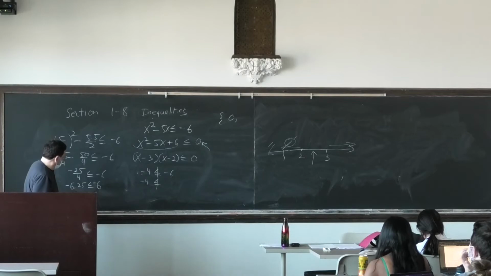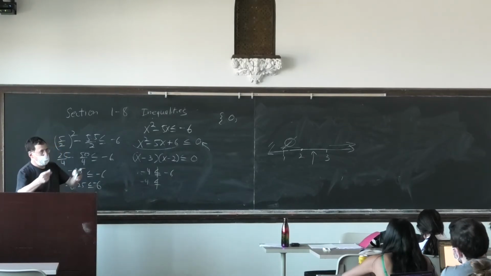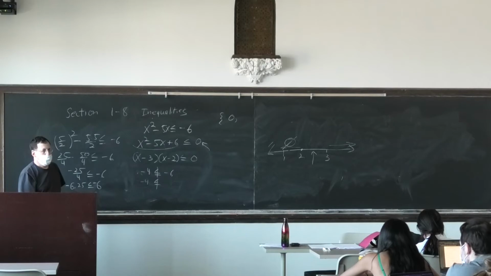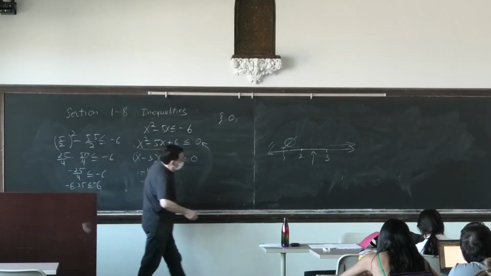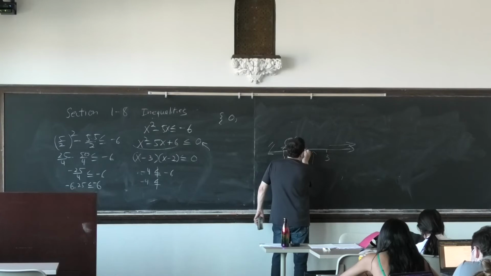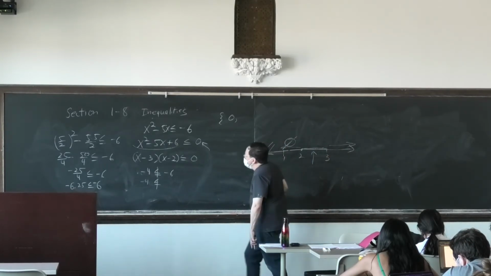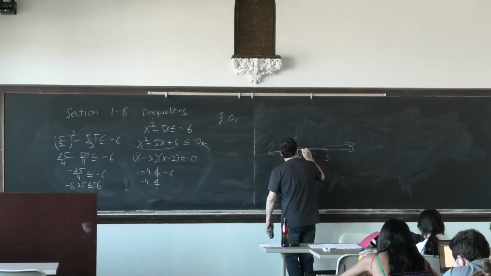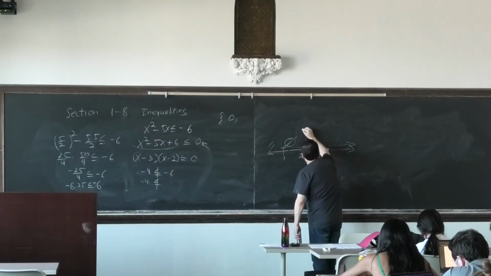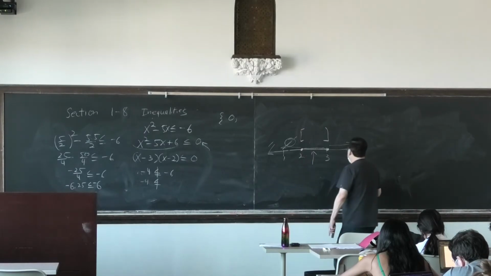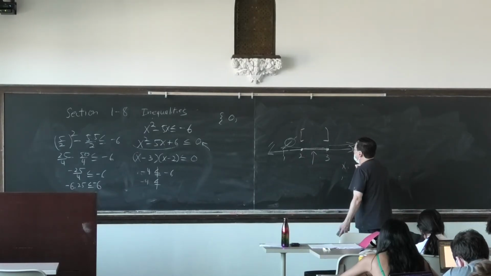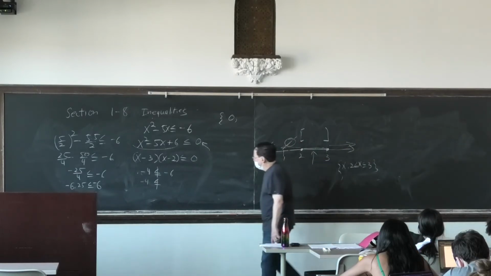Is that true? Negative 6.25 less than or equal to negative 6? Yes. So what that tells me is that it's this area here that we're interested in. And because it's less than or equal to, I'm going to fill in the dots. X such that x is greater than or equal to 2 and less than or equal to 3, however you want to represent that.